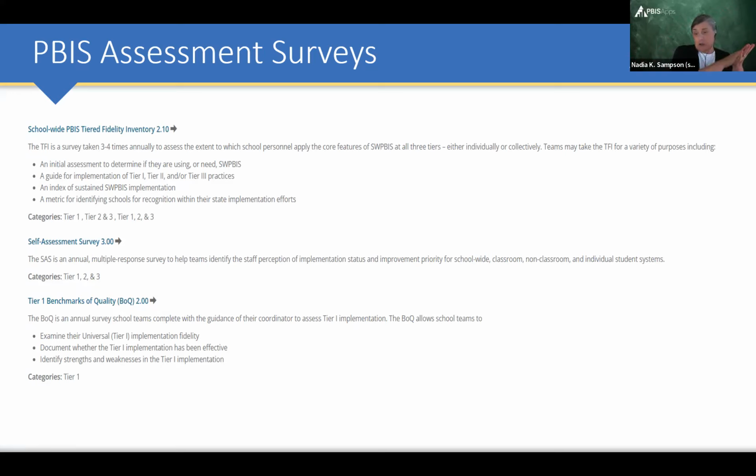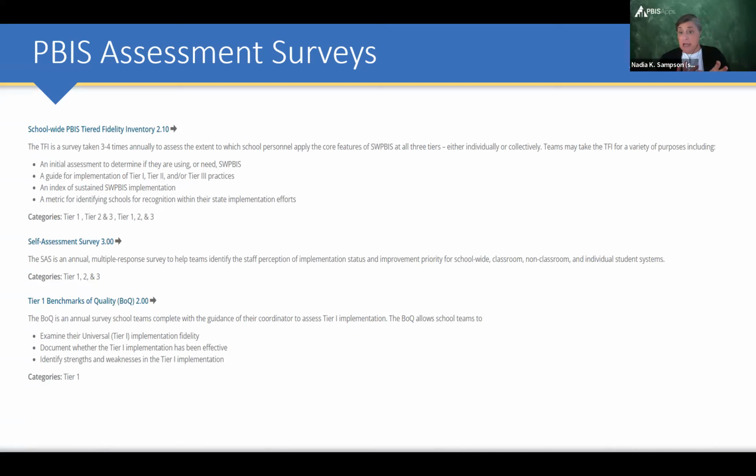You can answer the fidelity questions related to tier 1. If you're also doing tier 2, you can answer the questions related to tier 2 with your team. This is a coach-guided instrument. So you as a coach or coordinator would sit with a team and go through these questions and answer them a 2, 1, or 0 in terms of what level of implementation you are at.